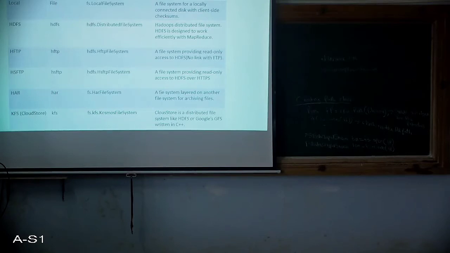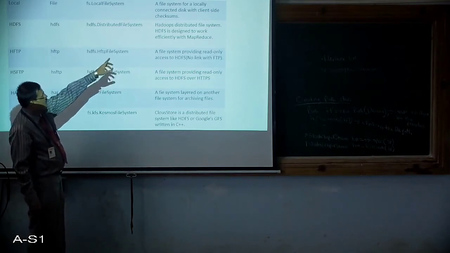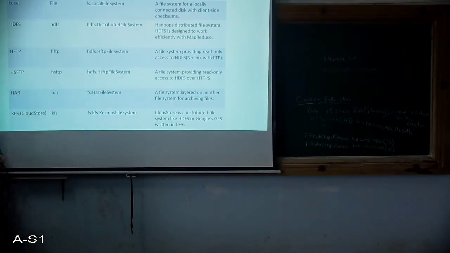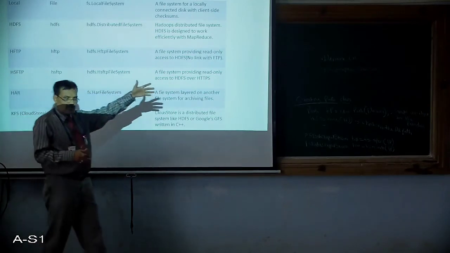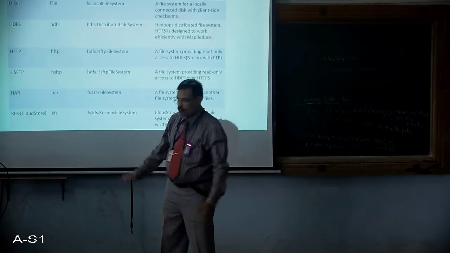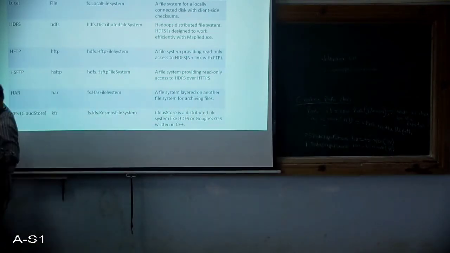It is a file system for locally connected disk with client-side checksums. It is locally maintained. As I have told, the replicas are stored, and one copy is stored in a local disk also. For this particular reason, Hadoop requires the local file system.